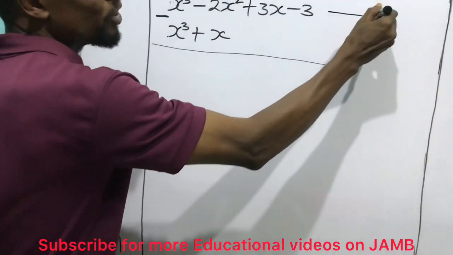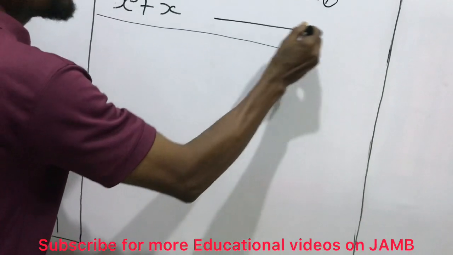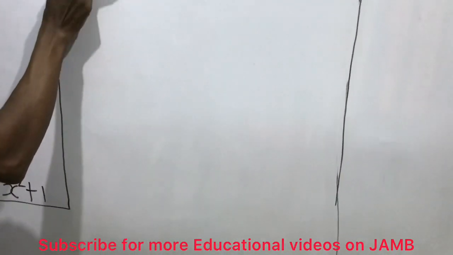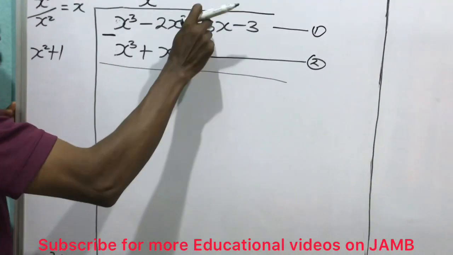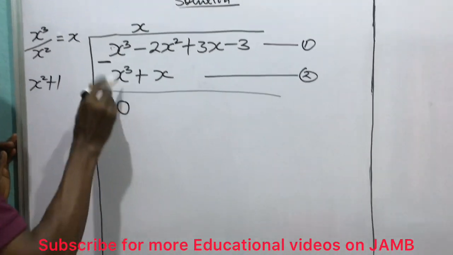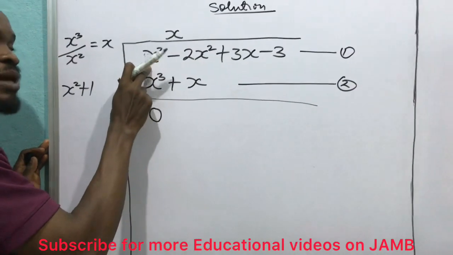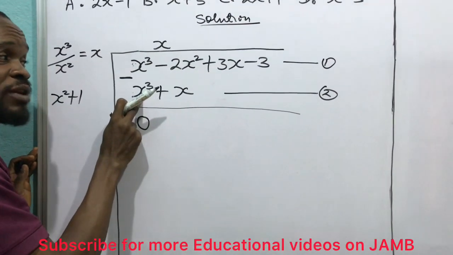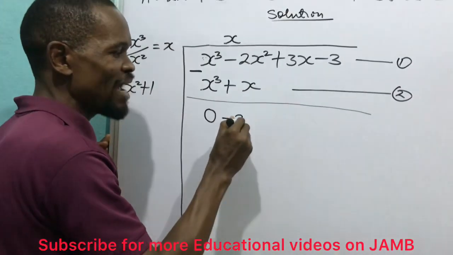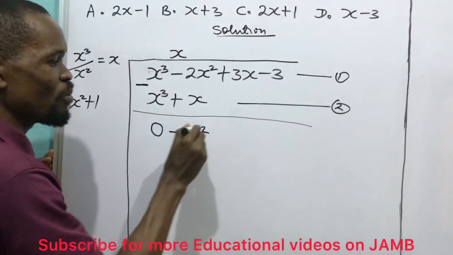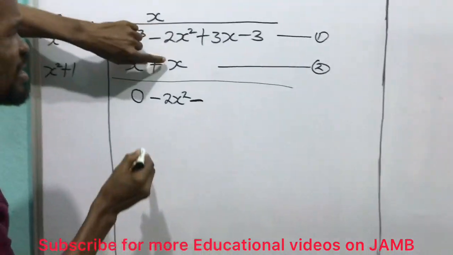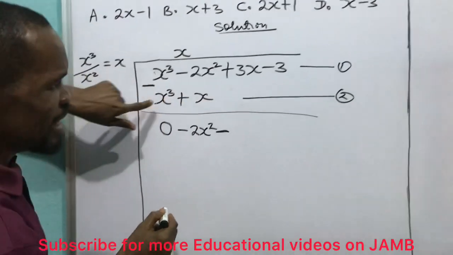I may call this equation 1 and this equation 2. I'm going to subtract equation 2 from equation 1. What I'm going to have here is 0, because x raised to power 3 minus x raised to power 3 gives 0. What will remain here is minus 2x raised to power 2. Then minus, did I have anything x raised to power 2 in equation 2?